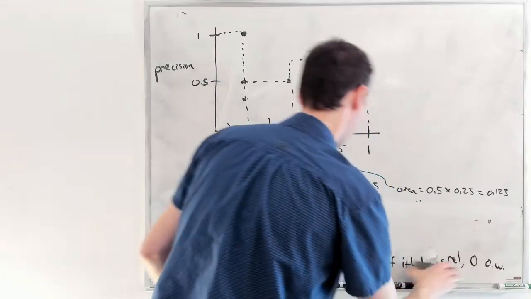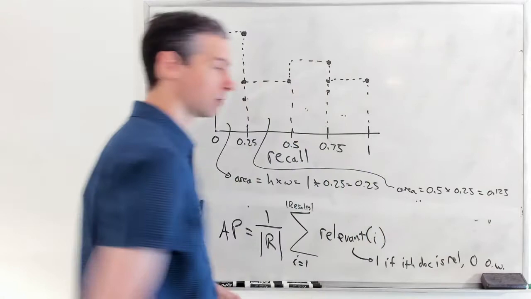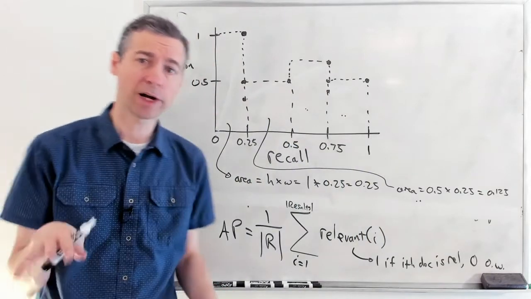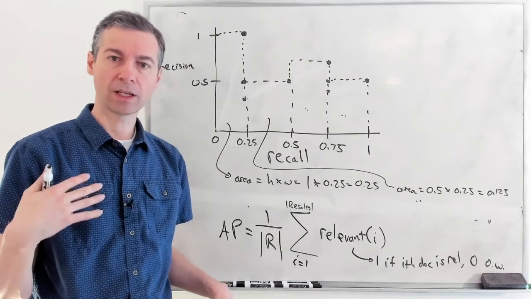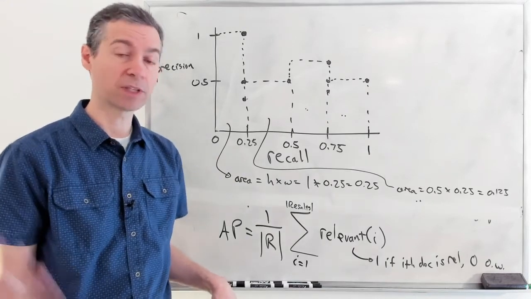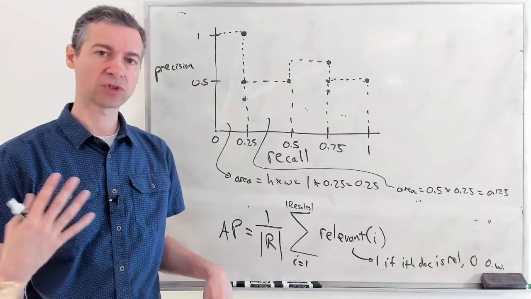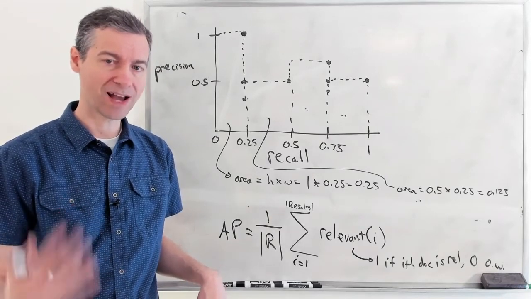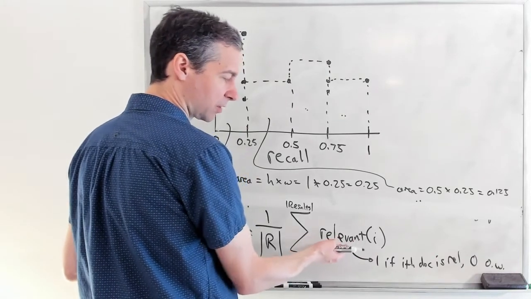So if it's relevant, it's a 1. We give it a value of 0 otherwise. Note that otherwise includes the notion that an unjudged document, a document for which we do not know its relevance, we will assume is not relevant. So this will be a 1 or a 0.